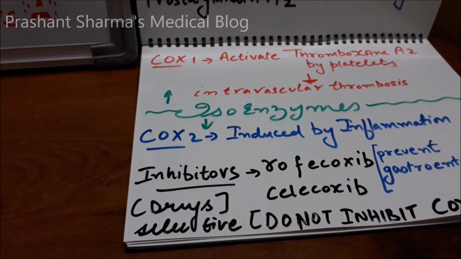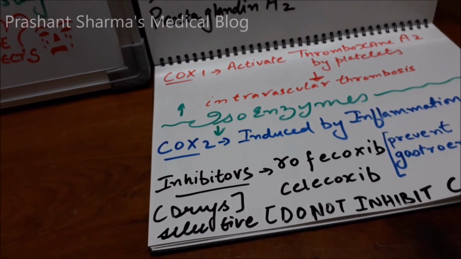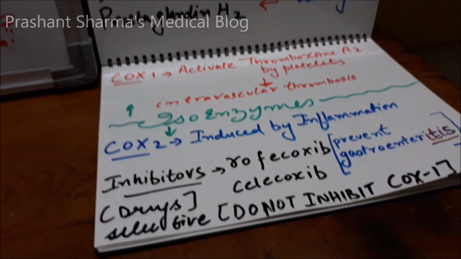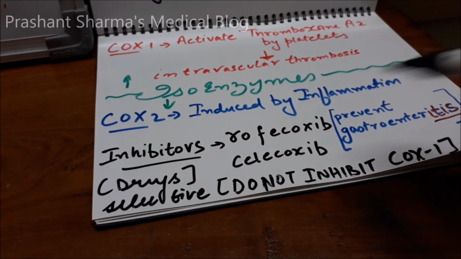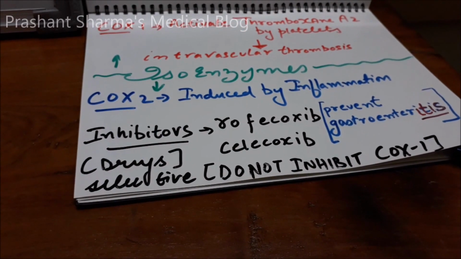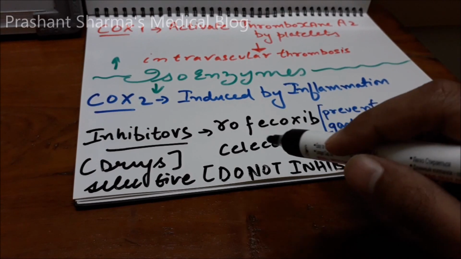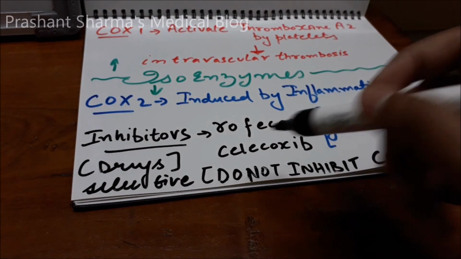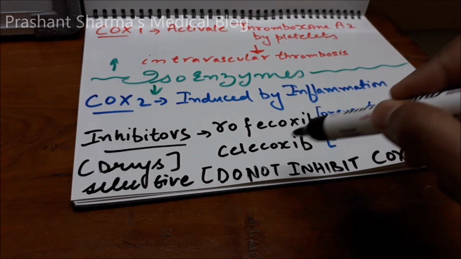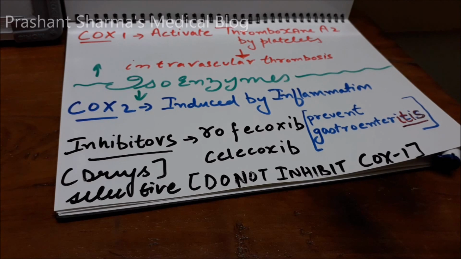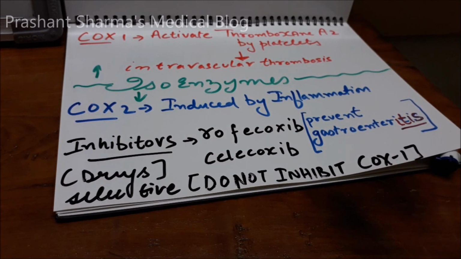Now, COX-1 and COX-2 are both enzymes. The important part is that most of the side effects are caused by COX-2, that is, it is induced by inflammation. So pharmaceutical companies have finally arrived at the COX-2 specific inhibitors, that is rofecoxib and celecoxib, which prevent gastroenteritis, which we will learn in a few minutes.